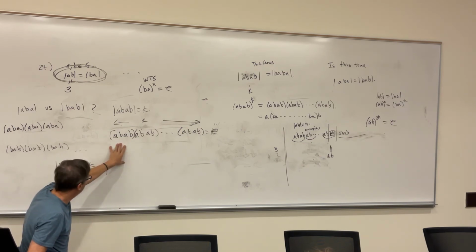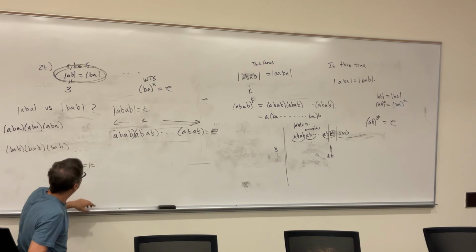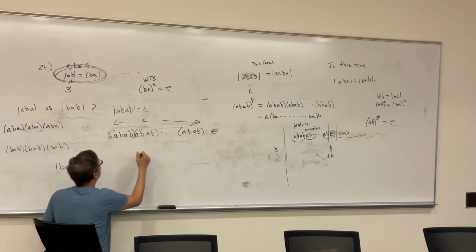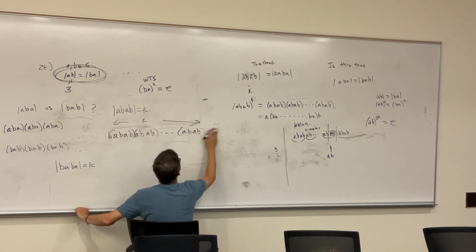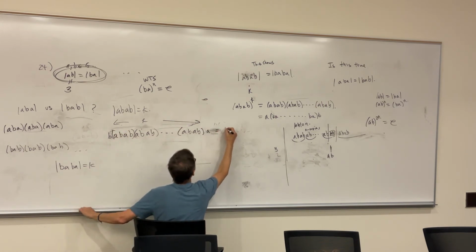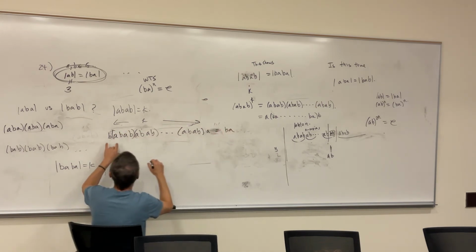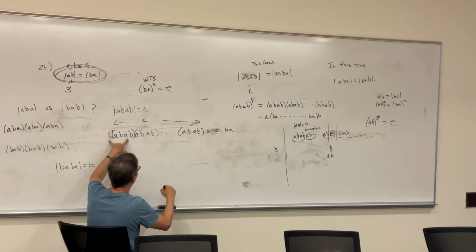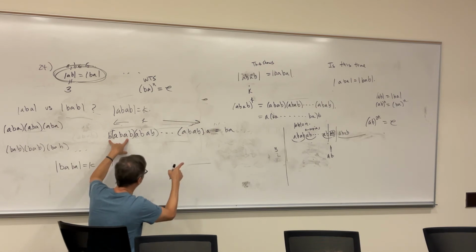Left multiplied by B? Right multiplied by A to get another A at the end. Then you'll have K copies of the ABA, and then 1 copy of BA, and that equals BA. And then we still got the BA though, right?